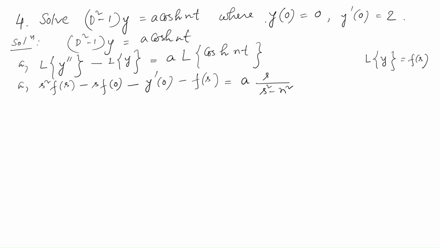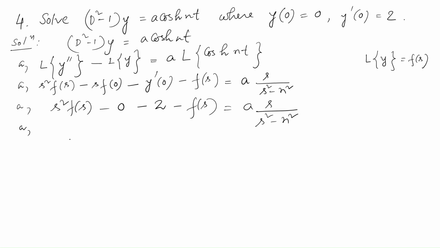Now in the question it is given that y at 0 is 0, y prime at 0 is 2. So let us put these values in this equation. Then we'll have s square F(s), this term is 0 and this term is 2, and this is F(s), equal a s by s square minus n square.